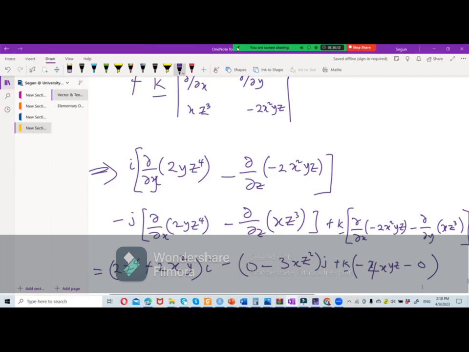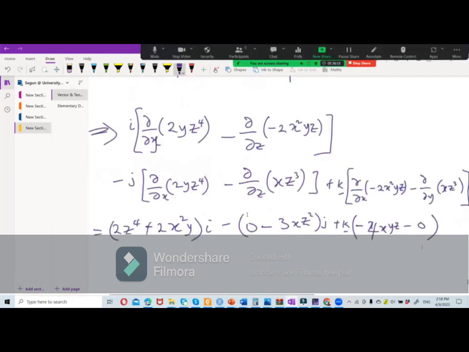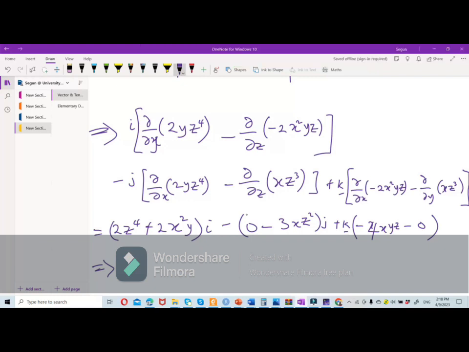Any question? So let's see what we have at the end of the day. We have (2z⁴ plus 2x²y) i, minus times minus plus 3xz² j, minus times plus minus 4xyz k.